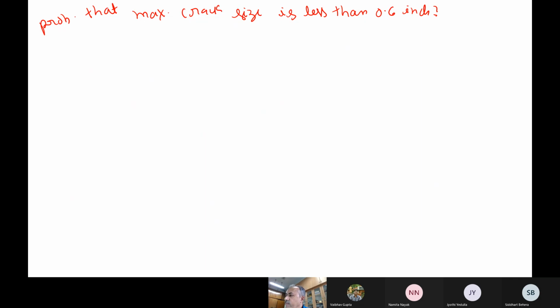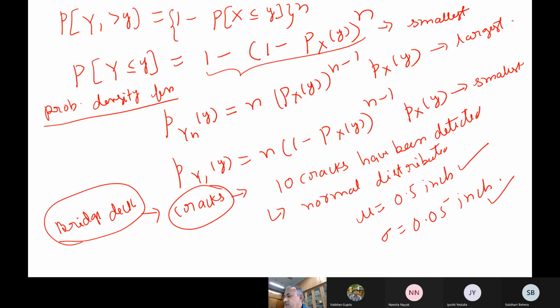So how do you solve this problem? What is the standard way? How do we solve this problem?